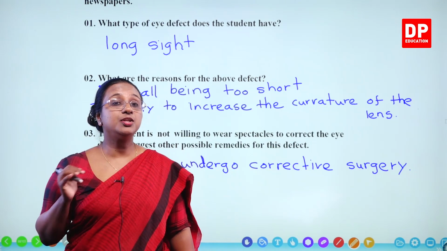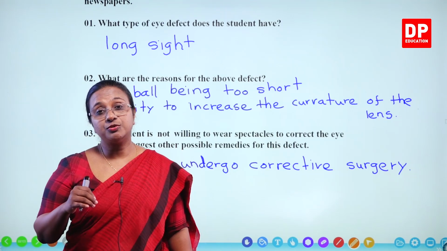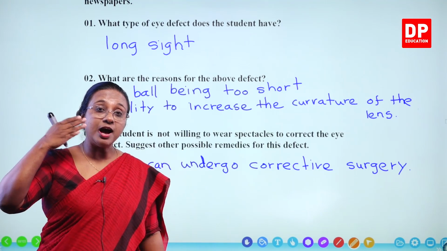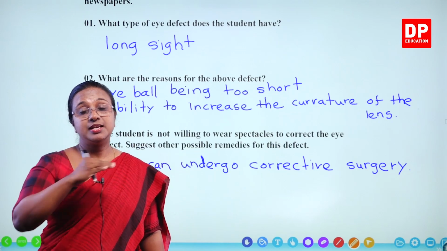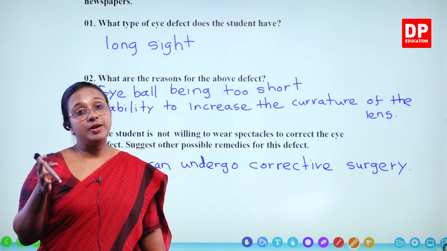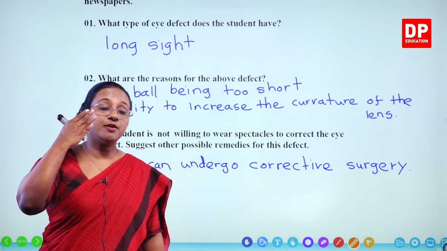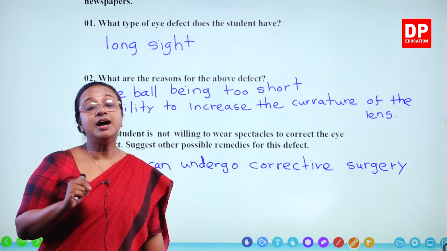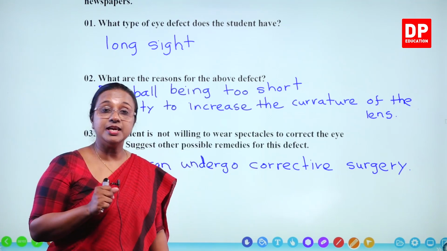What else can she do? If she doesn't like to wear spectacles, she can go for contact lenses. The lens that you wear over the eye, that is over the cornea, you wear the required lens. So instead of having the lens in the spectacles, the lens will be on the eye itself, on top of the eyeball.